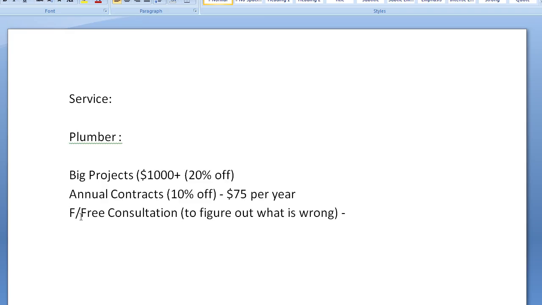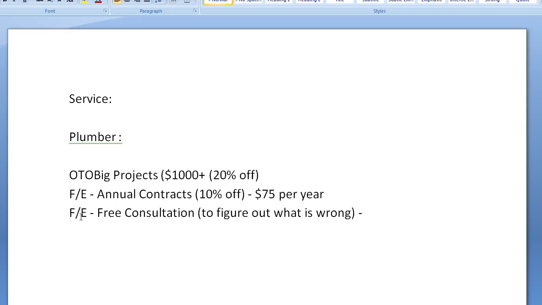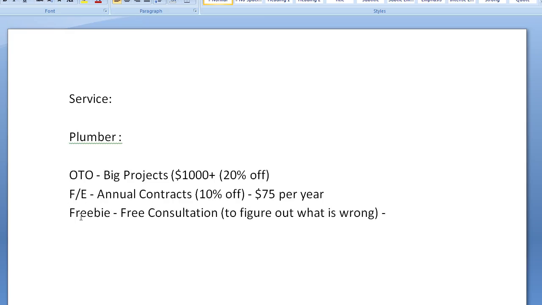So that could be our front-end offer. Actually, that would be our front-end offer, and that would be the one-time offer. And that could be our freebie. And there you go.